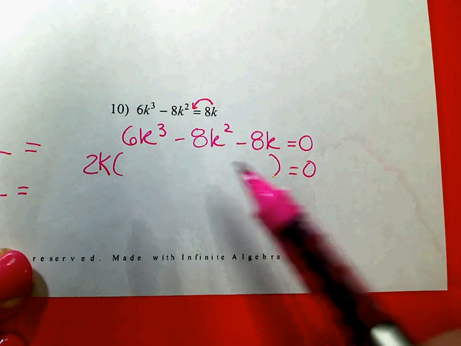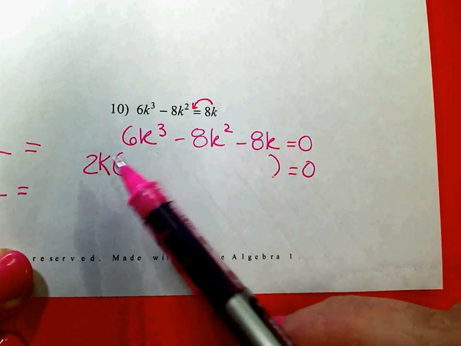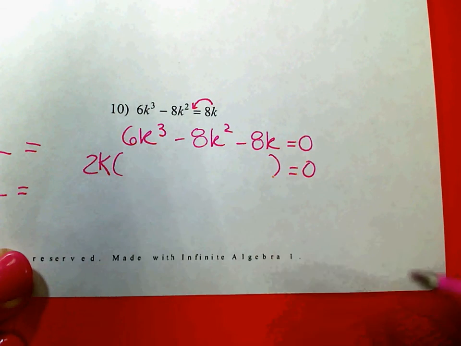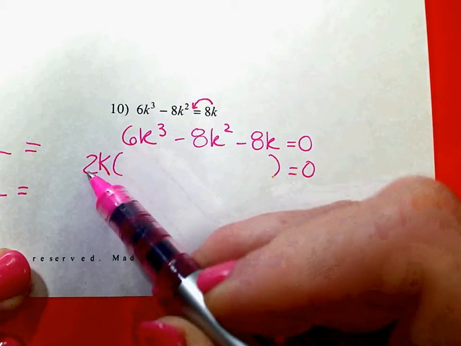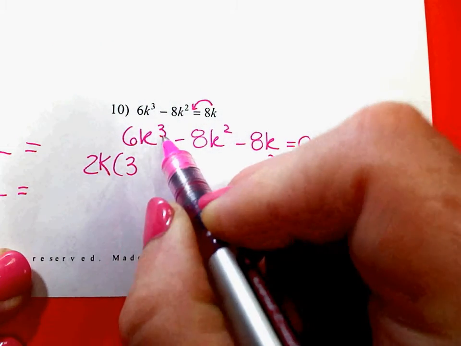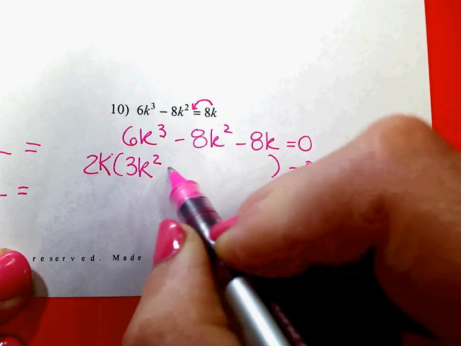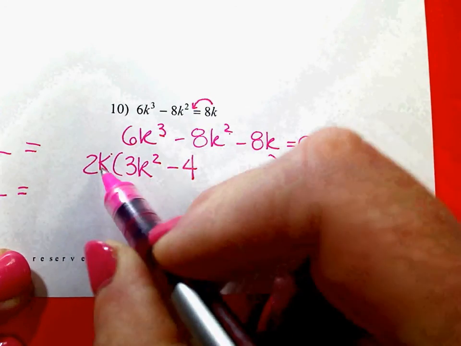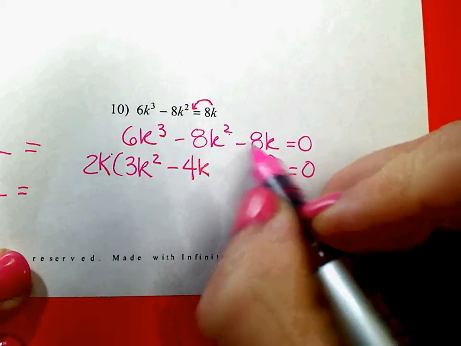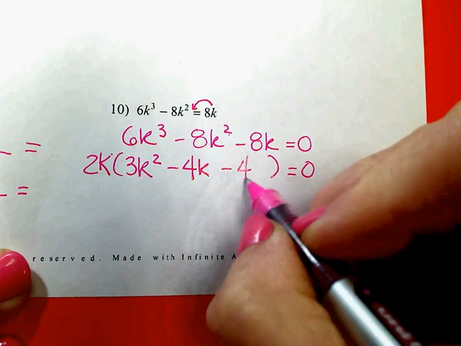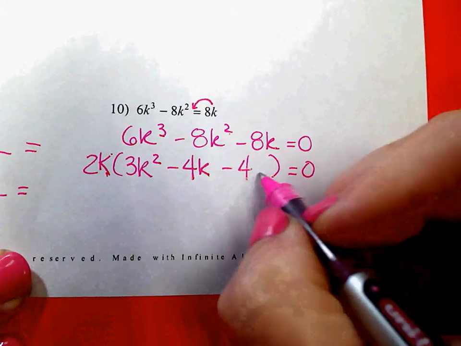Kind of felt like it should be 4 because of these 8s, but 4 can't divide into 6. So you're dividing 6 divided by 2, 3k's taking out 1, -8 divided by 2, 2k's taking out 1, and -8 divided by 2, 1k taking it out, no k's left.